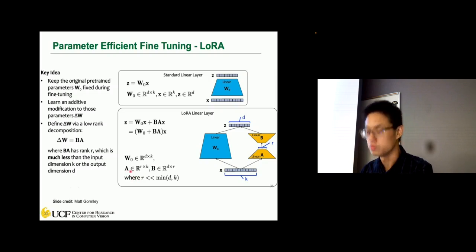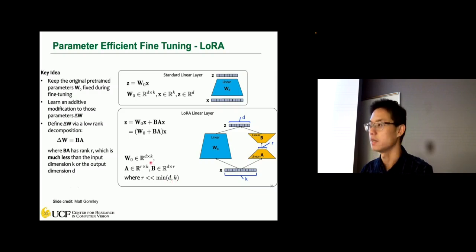But if you look at these two matrices, A and B, this R indicates the rank, and it can be a very small rank. So the value of R can be much less than the minimum dimension of D and K.